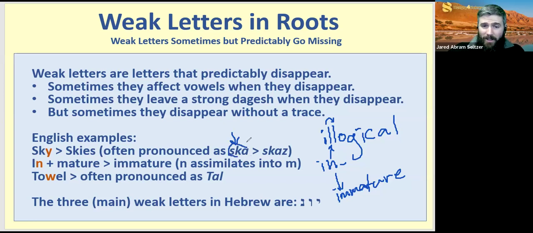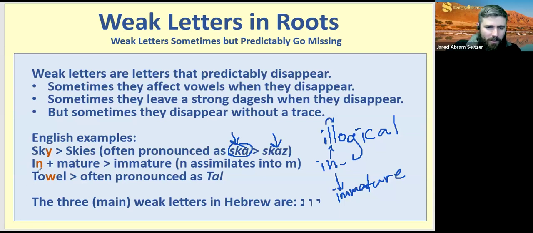Sky. I'm saying this right here, sky. And if you want to make it plural, it's skies. The point is, people say what's easier to say, even if it's incorrect. And that has an effect. Let me put it this way. The exact same thing happened in Hebrew very early on, probably even before written Hebrew existed, so that by the time written Hebrew did exist, those letters were simply left out.